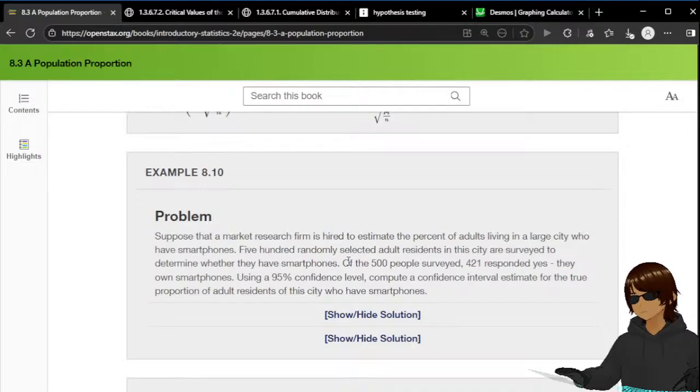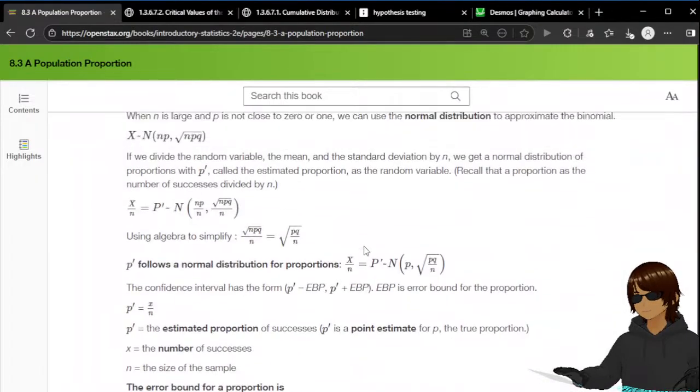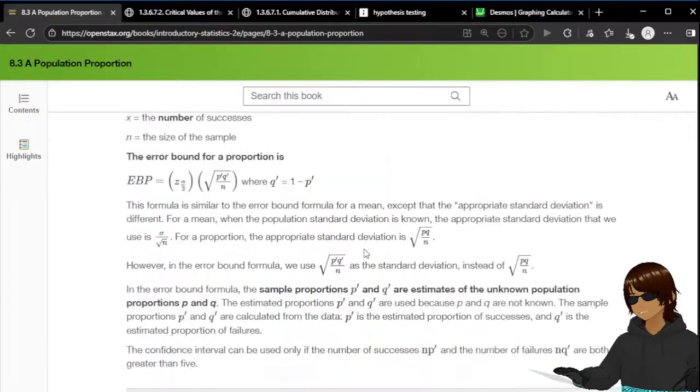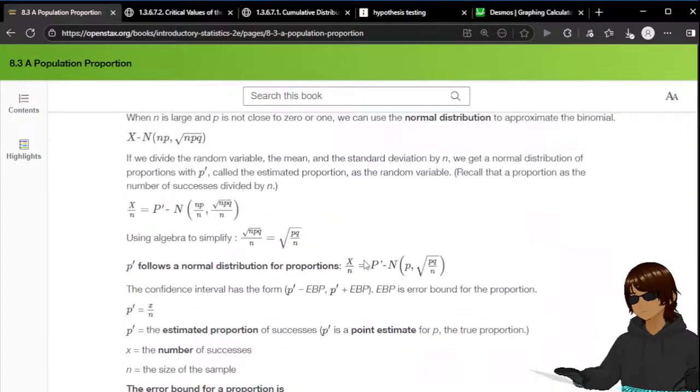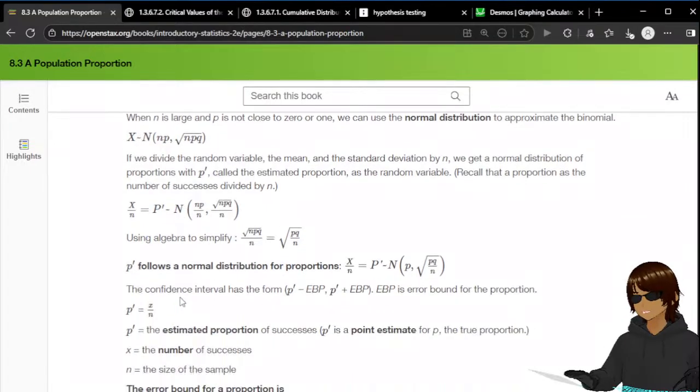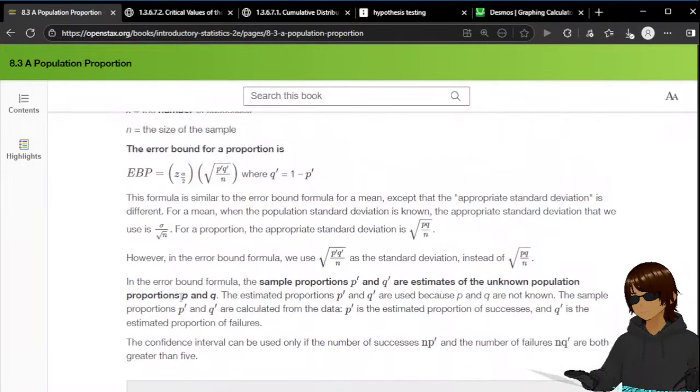So 500 people surveyed, 421 responded yes. Use 95% confidence interval. So X has a binomial distribution, but it can be approximated using the normal distribution.